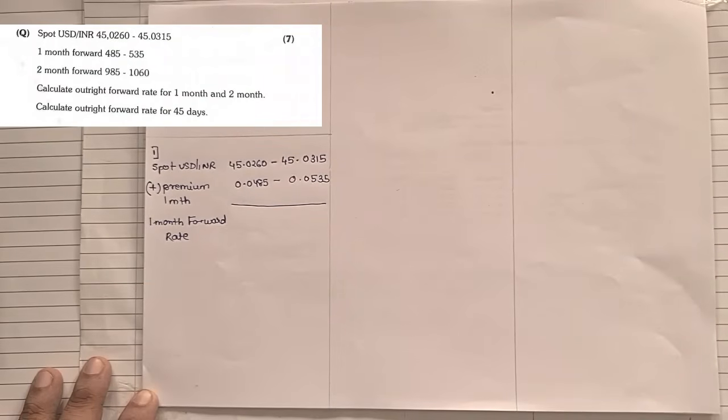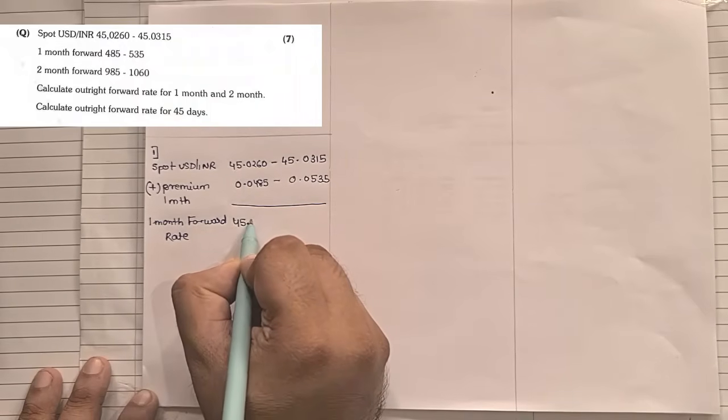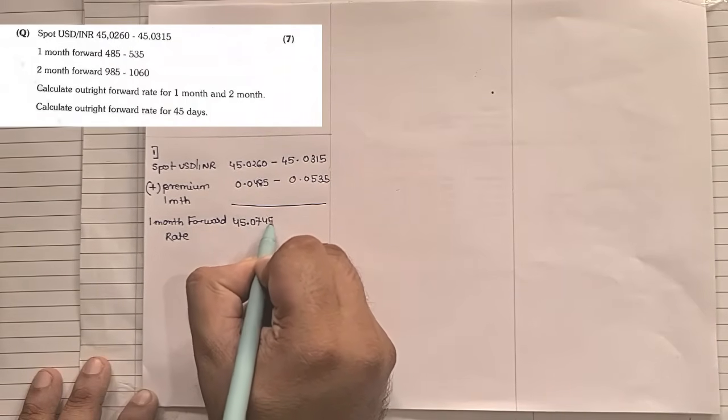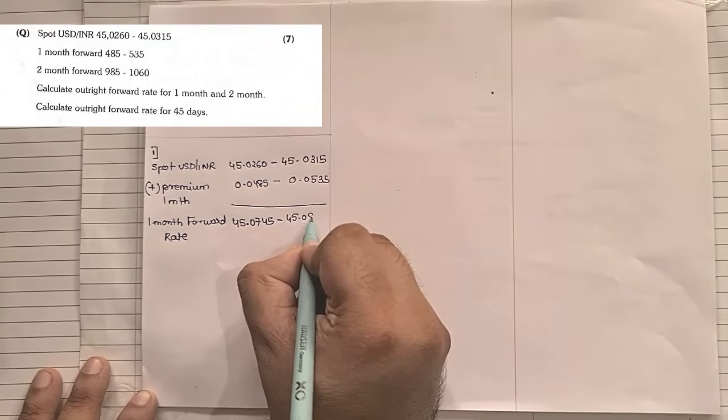So it will be 45.0260 plus 0.0485. I will get the value as 45.0745, and 45.0315 plus 0.0535. I will get the value as 45.0850.